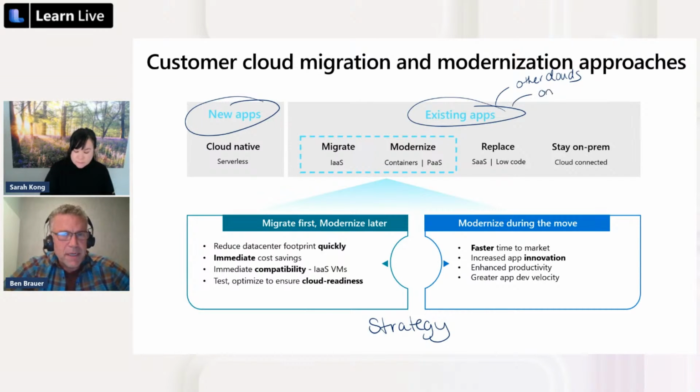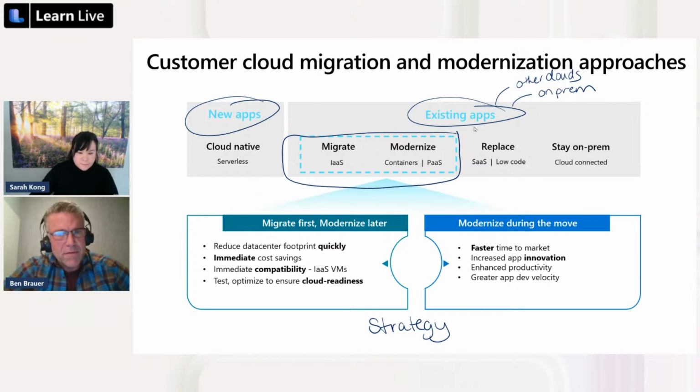These are all existing applications that are either going to be migrated, modernized, replaced, or will stay on-prem, or wherever it currently is. We're going to focus primarily on migration and modernization, because this is where Azure is best used.